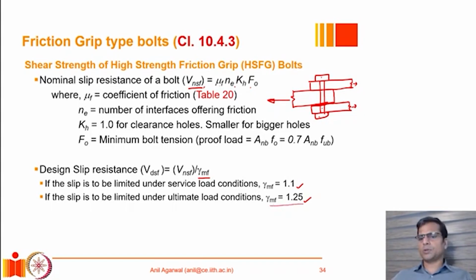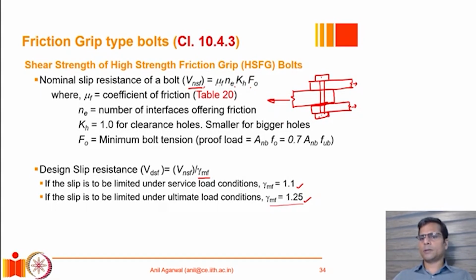But there are situations when these connections are designed to be slip critical under service loads, that is under serviceability conditions, but are designed to be bearing type connections under ultimate load conditions. So we don't have to apply enough tension force to resist the entire maximum load through friction. Through friction it has to only resist the service loads, so that there is no slip in day to day requirements.